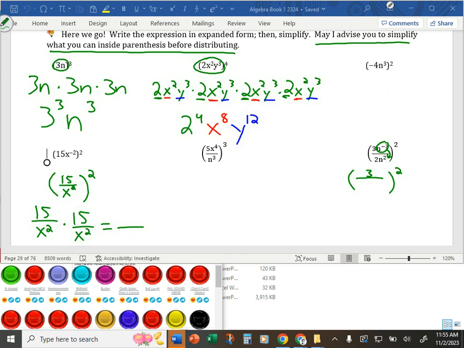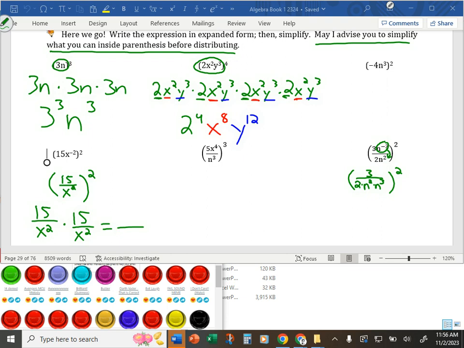The coefficient 3 stays right where it's at. And my denominator now becomes my coefficient of 2 times n squared times n to the positive third. Right? Because when I move that n to the negative third down, that power becomes positive. That's why we move it. How many n's do I have in my denominator now? A total of 5.